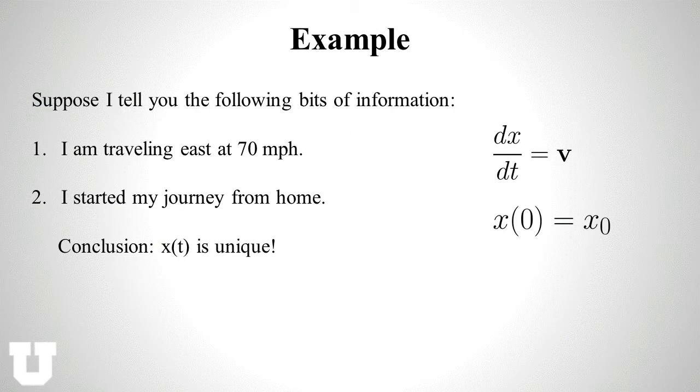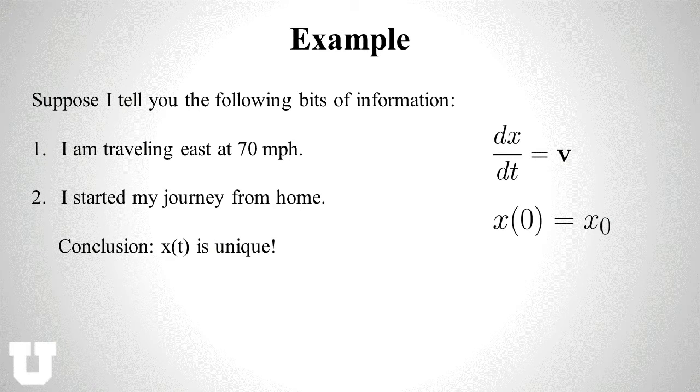Now, if that feels strange or esoteric to you, then just consider a simple one-dimensional analog to this exact same situation. So for example, I come to you and I say, I'm traveling to the east at 70 miles per hour. And I started my journey from home, presumably some position somewhere, right?